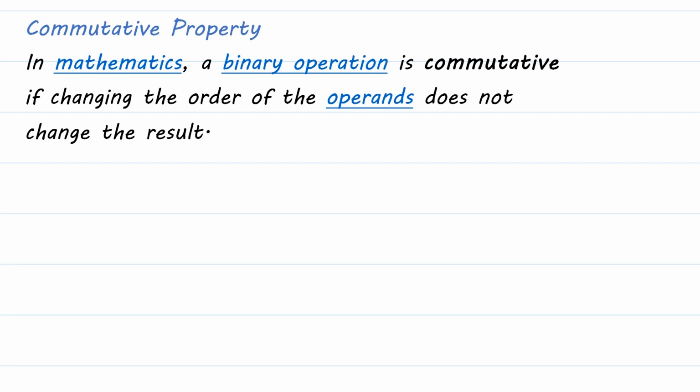Second property, commutative property. In mathematics, a binary operation is commutative if changing the order of operands does not change the result. Suppose we want to pay a bill of 60 rupees to the cashier. Now we are paying in 10 rupees denomination and 50 rupee denomination. If you pay first 10 rupees and then 50 rupees, then the total amount will be 60 rupees.